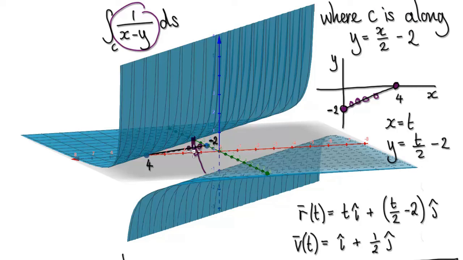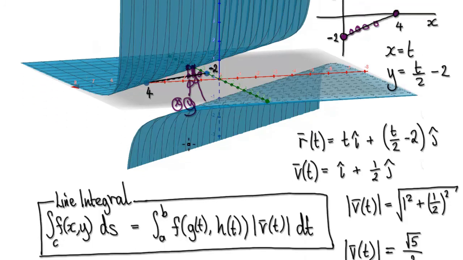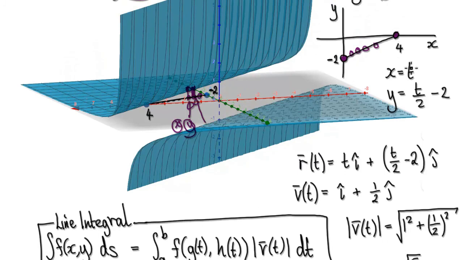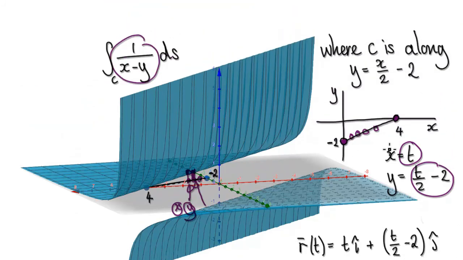So as we're moving along, we need to put this location x and y into the surface, and then it will jump to the surface. This is our x location, this is our y location. So we need to put the x and y location into there.